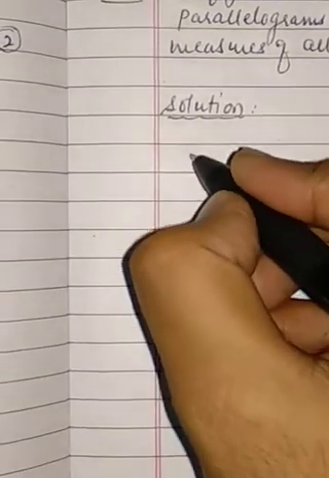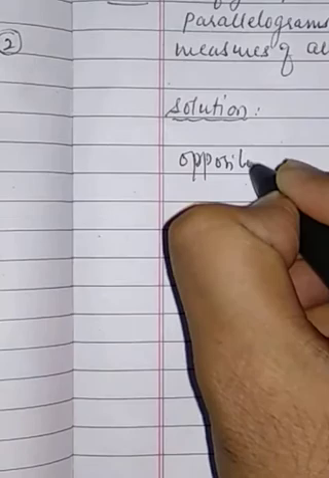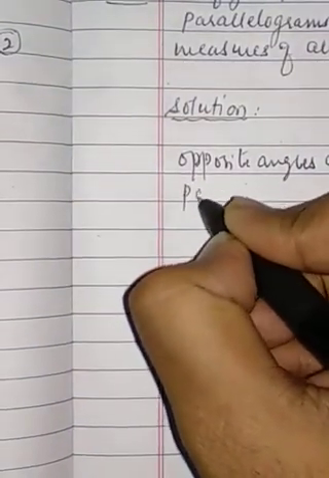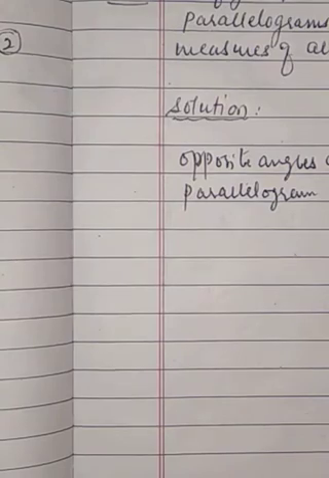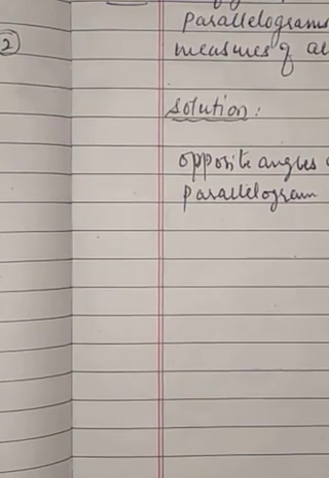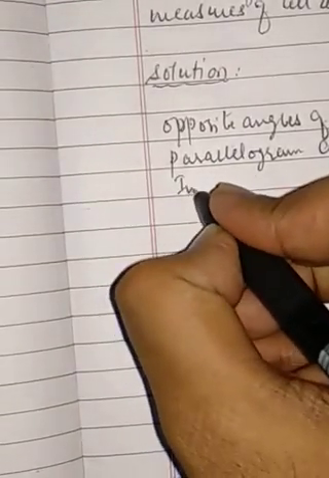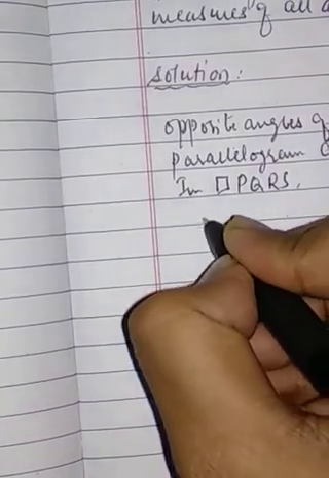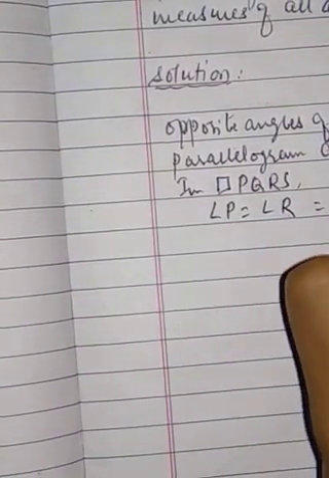First of all, you will write here opposite angles of parallelogram are congruent. Okay, so you can write in quadrilateral PQRS, angle P is equal to angle R is equal to 110 degrees.